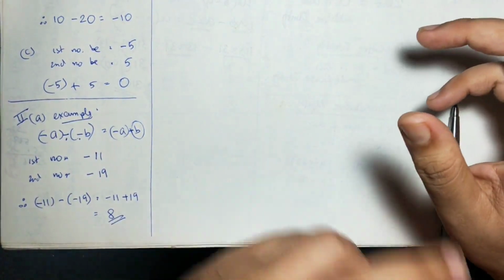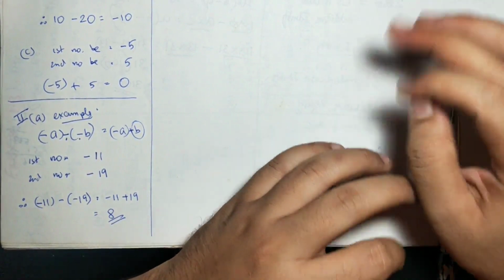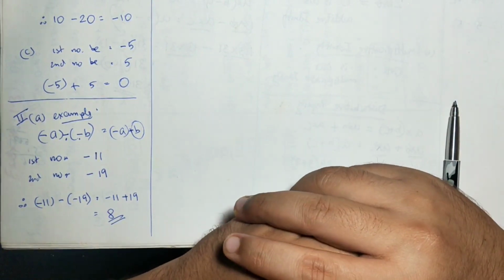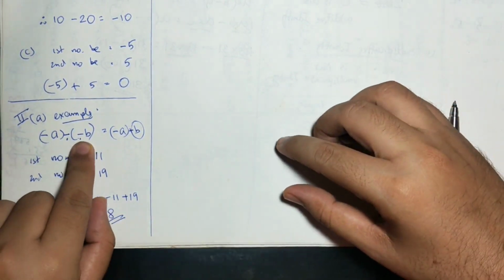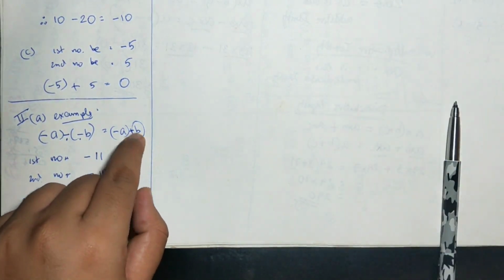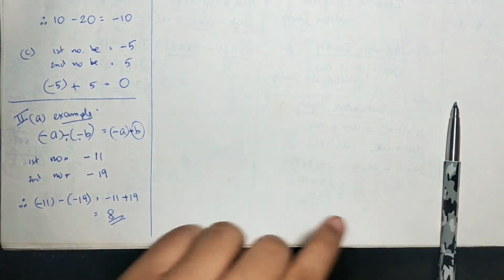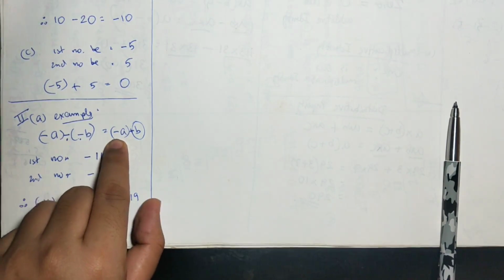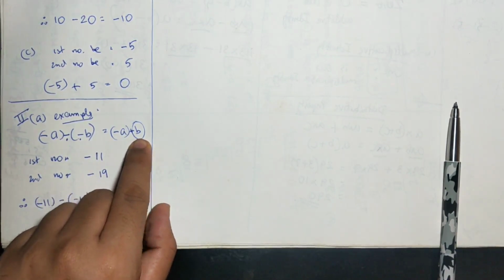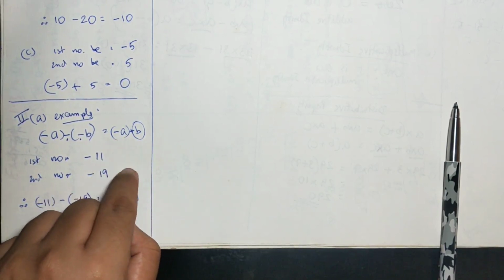Again I am explaining. If two numbers which we have to take are compulsory negative integers, and we have to take difference of those two numbers, always remember the second number will get positive. So just focus on the number you want. We want positive 8. Of the two, which should be bigger to get positive 8? The positive sign one. Otherwise, if A is bigger, the answer will remain negative.